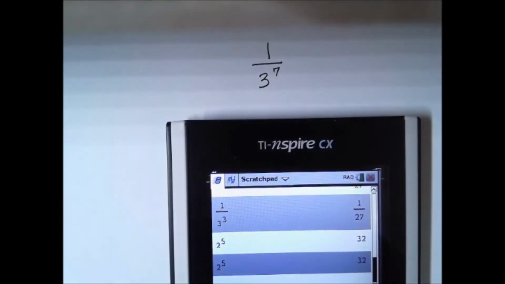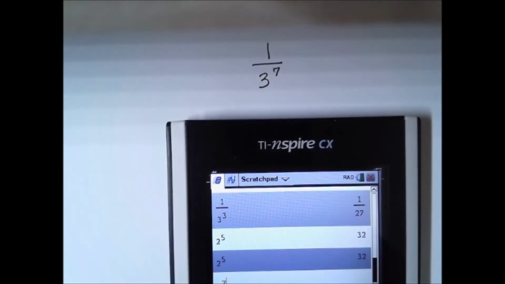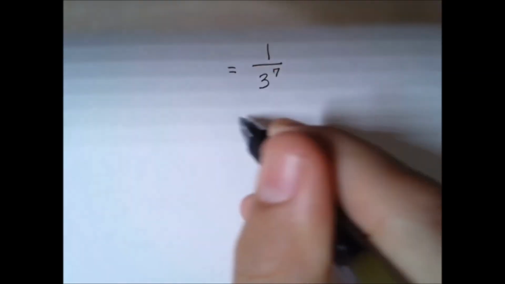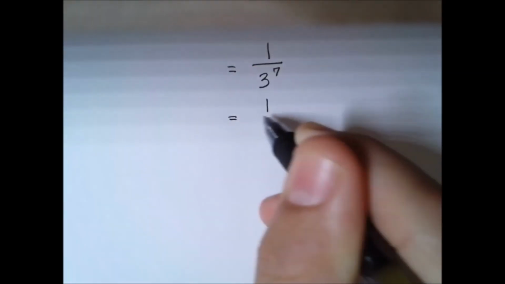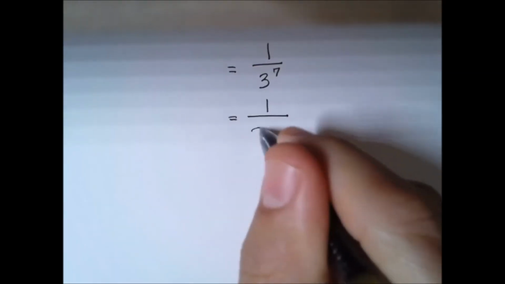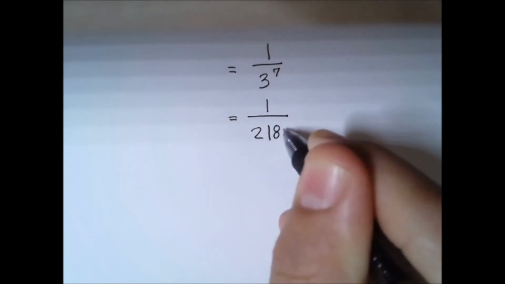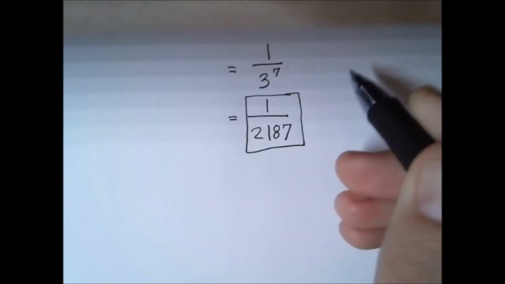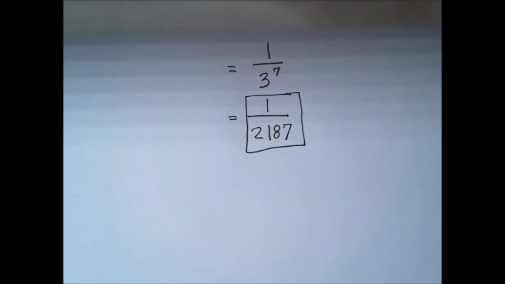So we have 3 caret power of 7, and it gives me 2,187. So my final answer would be 1 over 2,187. And that would be your final answer. It cannot be refined any more.